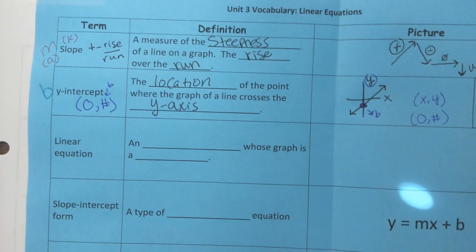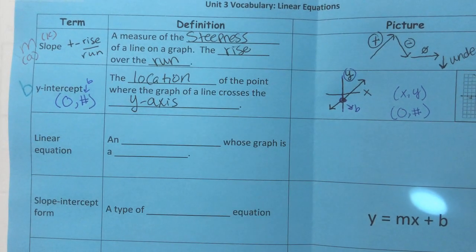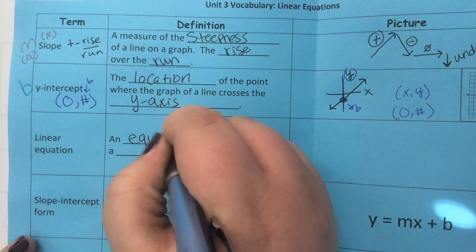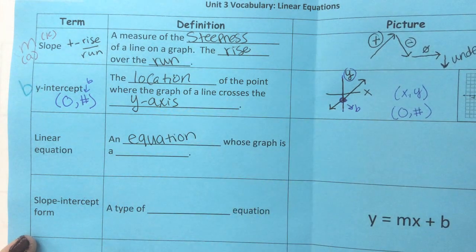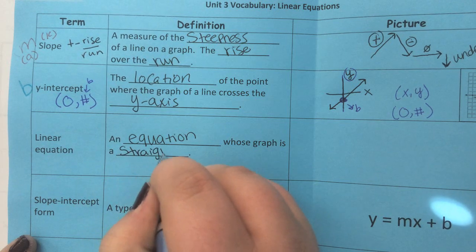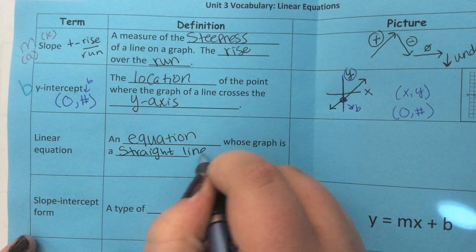Yesterday we talked about a linear equation. This is just any equation whose graph is a straight line.